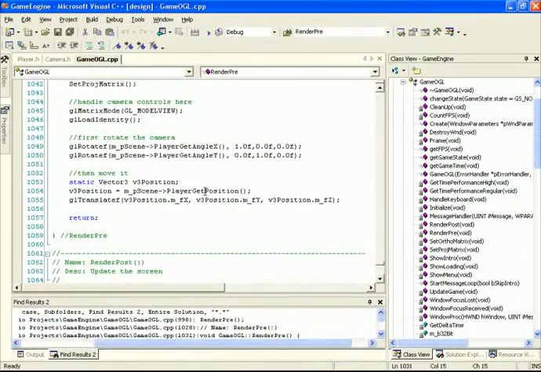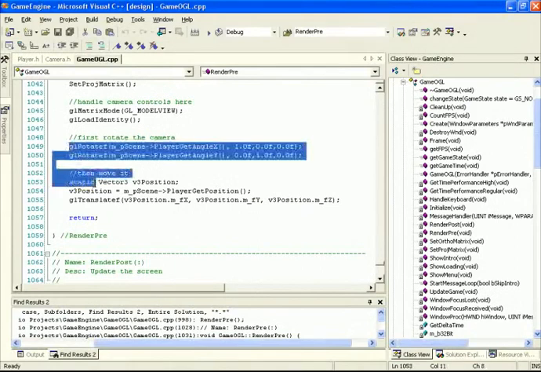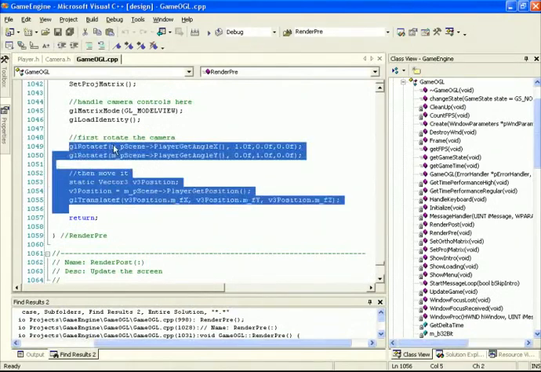We can get that here, and then we update the gluTranslateF function call. So in essence, what we see on the screen is being calculated right here using these two gluRotateFs and gluTranslateF function calls. Instead of doing it this way, we're now going to use an OpenGL library function call called gluLookAt.